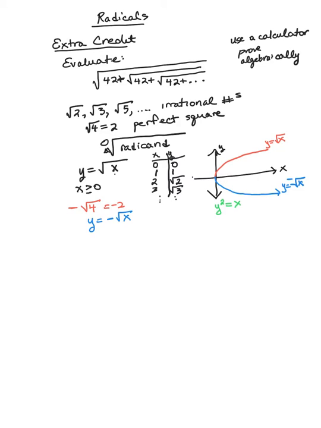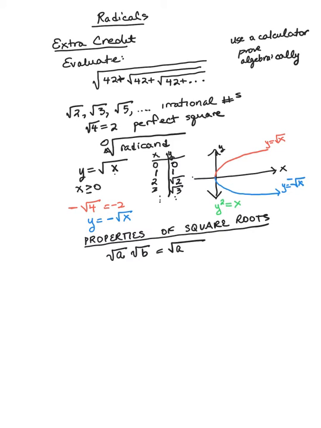Now, the properties of square roots I believed you learned last year. And that is that when we have the square root of a times the square root of b, that could be simplified to the square root of a times b, and vice versa.